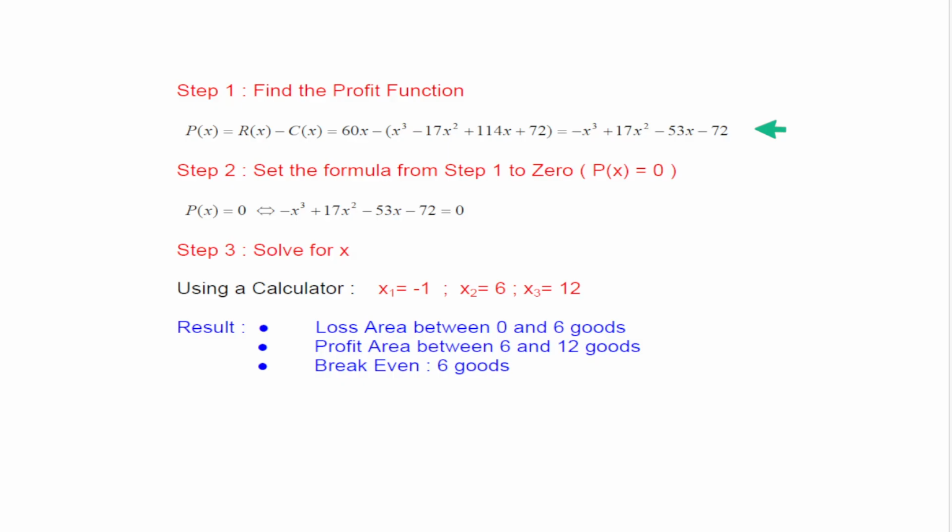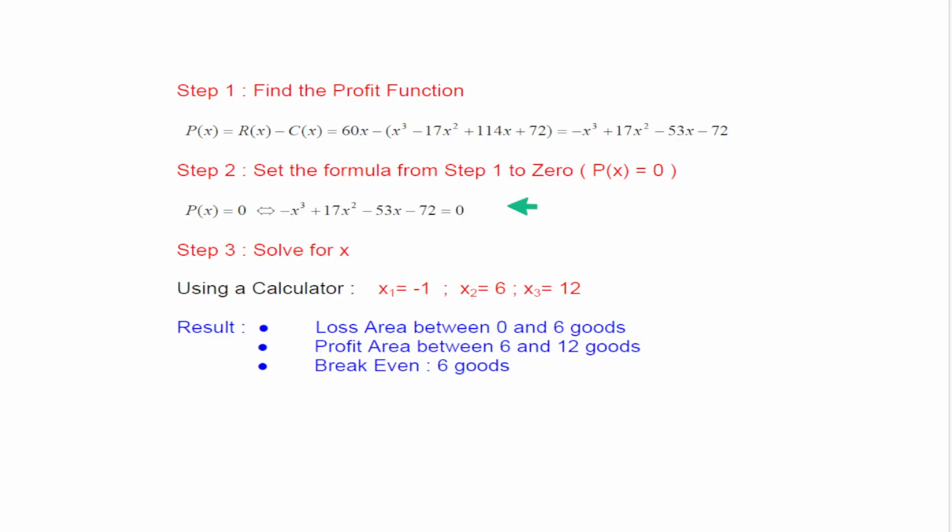Step number 2 is to set the formula from step 1 to 0, which is the same if we set P of X equals 0. If we do that, we can see that this is now this equation here.